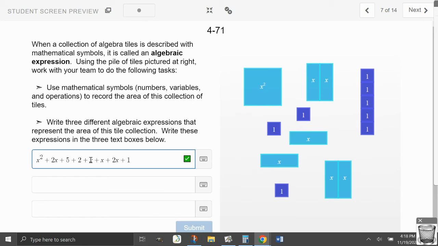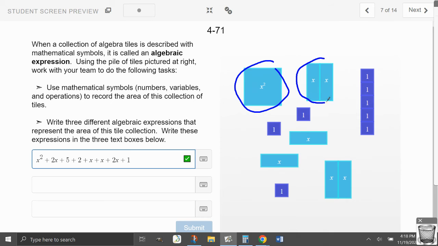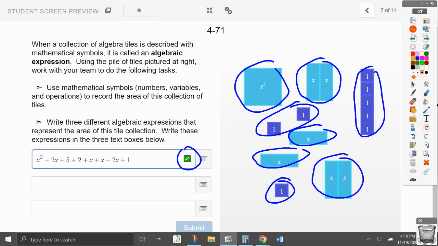I circled these in the order I did that: an x squared, 2 x's, 5 units, 2 more units, an x, another 2 x's, and a unit. This description describes this pile of tiles, but that's an awful lot to type.